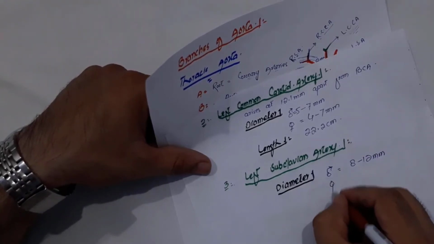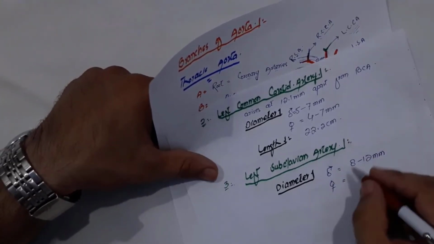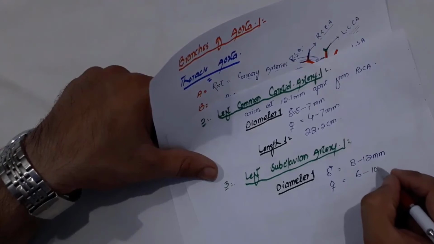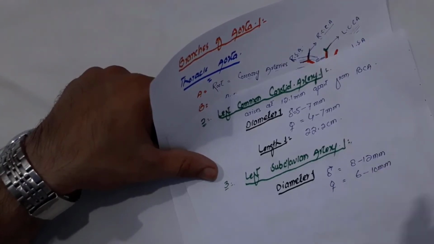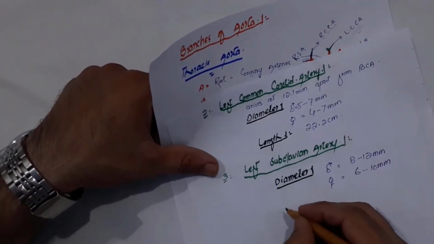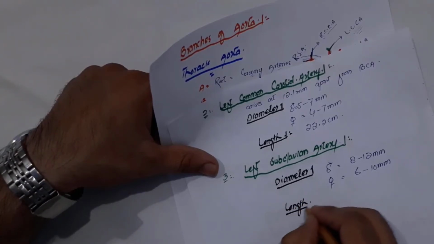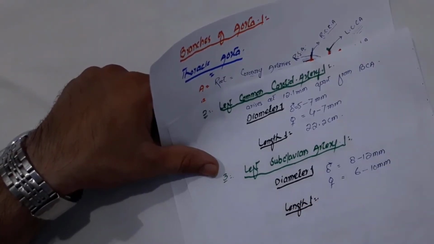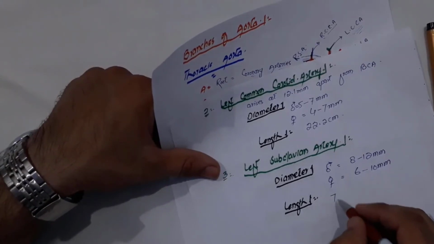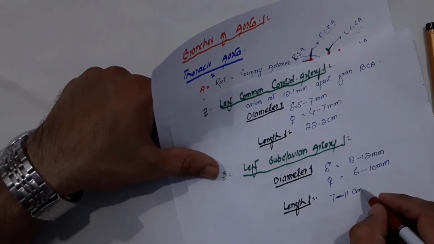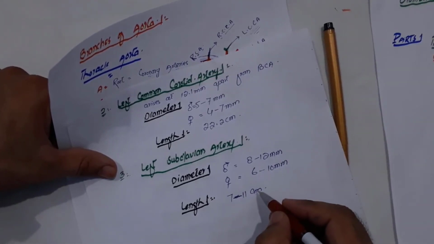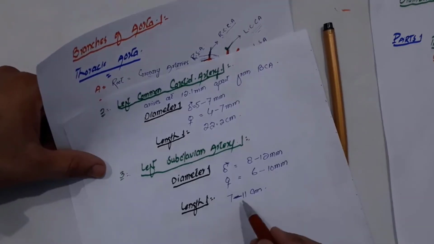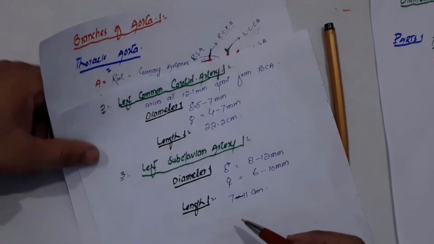And in case of females, its diameter is about 6 to 10 millimeter, right? What is the length of this left subclavian artery? Its length is about 7 to 11 centimeter.